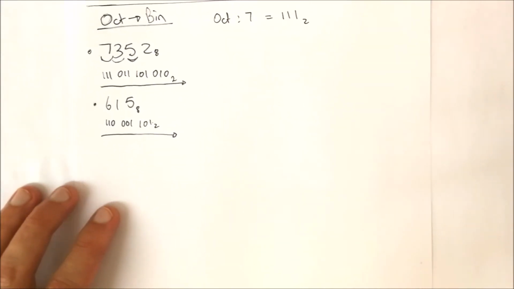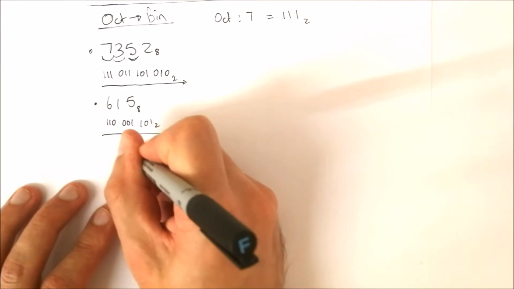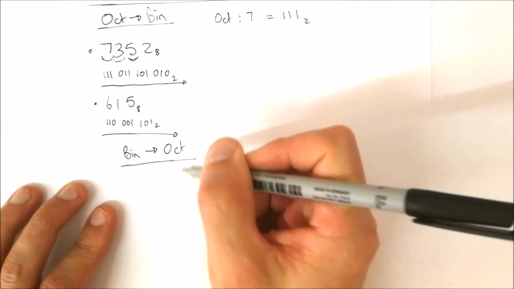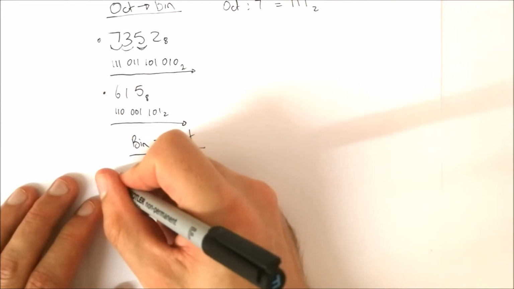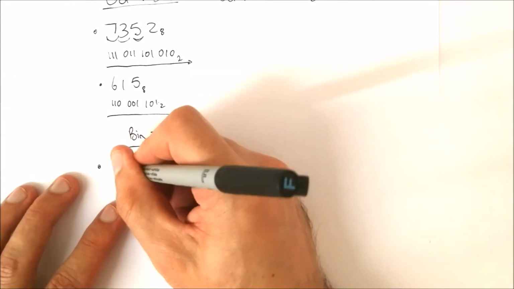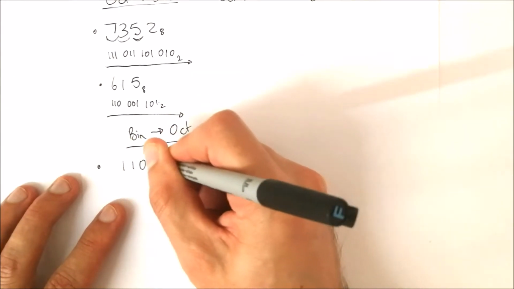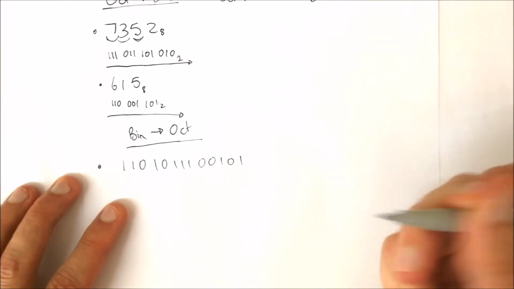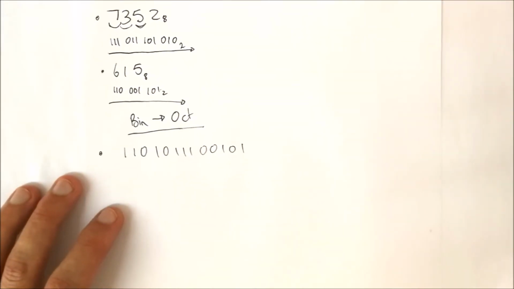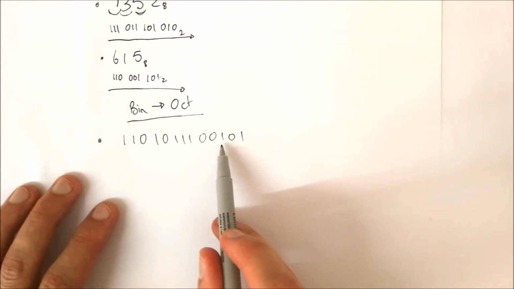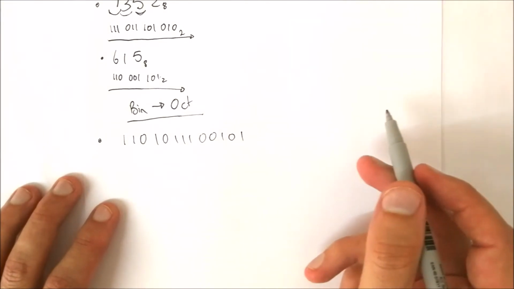Let's have a look at converting binary to octal. A very similar procedure would be followed, just inverse. So we've got the whole string of 1s and 0s, 1 1 0 1 0 1 1 1 0 0 1 0 1, for example. What we do is separate this into sets of 3 bits, and we're going to start from the right hand side.